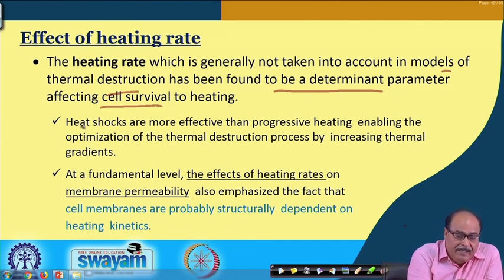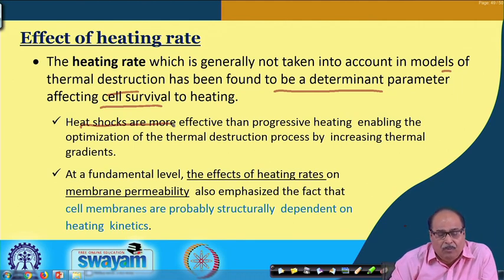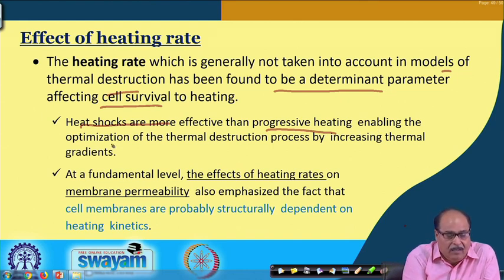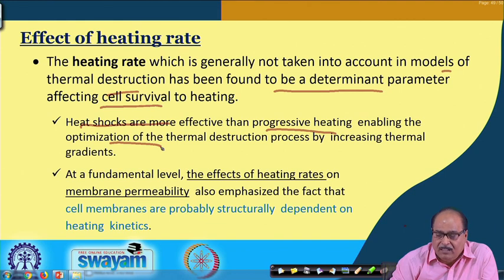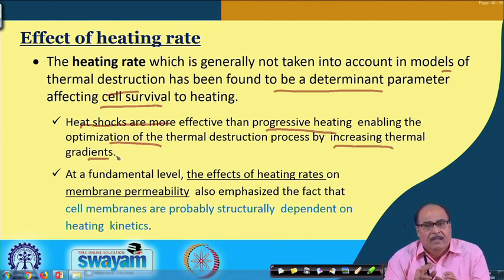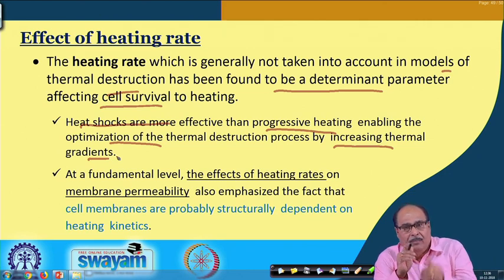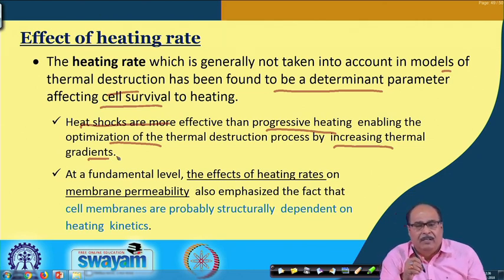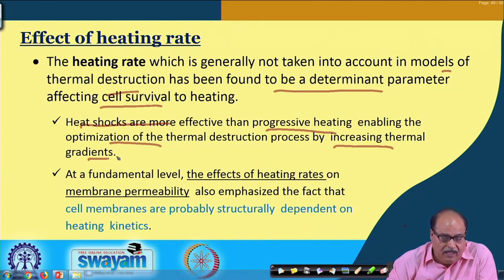Even heat shocks are found more effective than progressive heating, and they enable optimization of the thermal destruction process by increasing the heat gradient. It means that instead of giving continuous heat, if we give a heat shock, it has more influence on the microbial death rate.